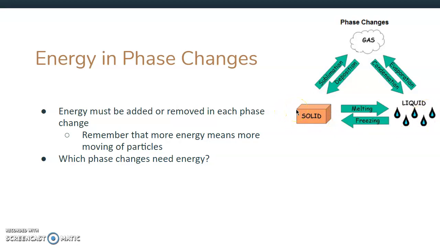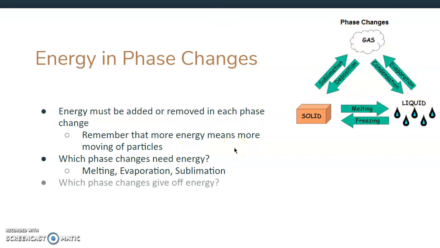By taking energy out, we're having our molecules move less. If we're putting energy in, our molecules are going to move more. So our molecules are going to move more as we go from solid to liquid, as we go from liquid to gas, or from solid to gas. So those 3 times are when we need to put energy in: for melting, for evaporation, and sublimation.